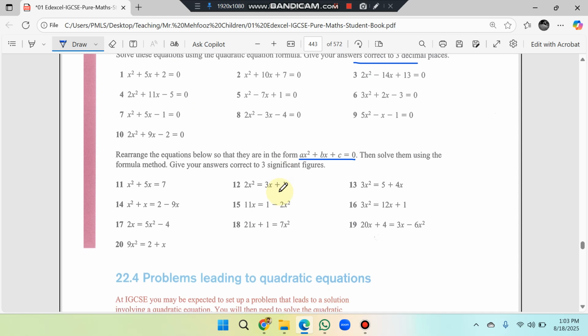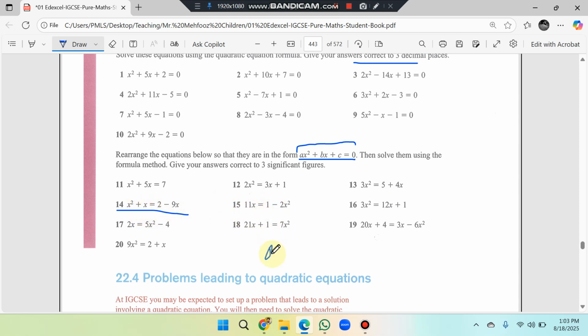Okay, so from question 11 to 20, you can see that we have the equations, but the equations are not in a proper form. So first of all, we have to rearrange these equations according to the general form of the quadratic equation. For example, question 14: x square plus x is equal to 2 minus 9x.